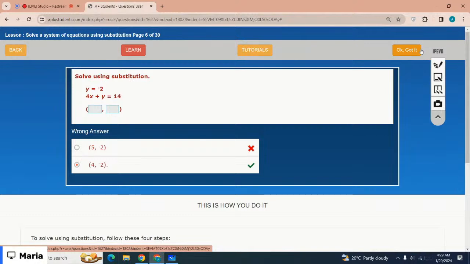Yes, that is 4. The correct option is 4 and negative 2.